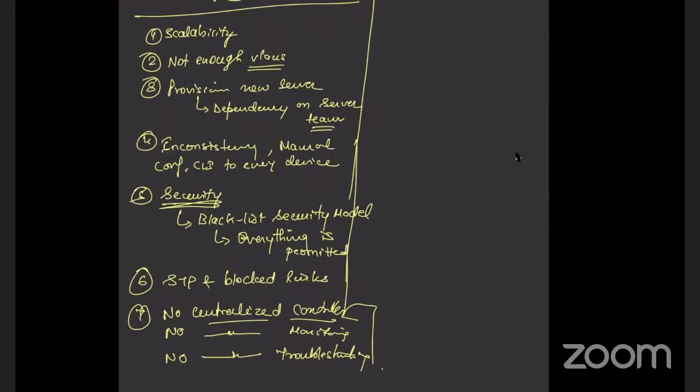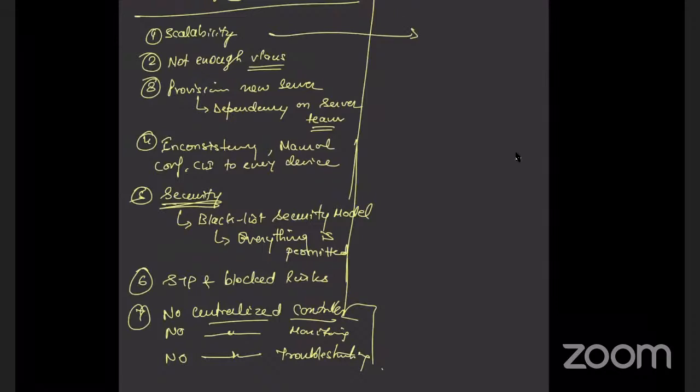So guys, scalability I will cover when I talk about the architecture, because it is very easy to scale here. Related to VLANs, in ACI it is based on VXLAN.